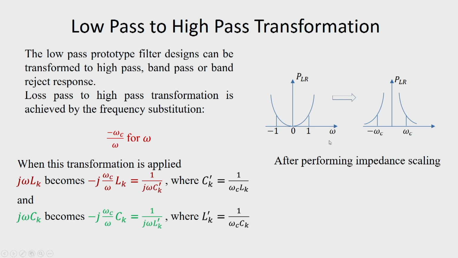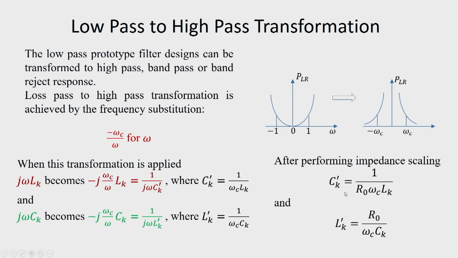The cutoff frequency will be shifted to omega c, and then next we need to do the impedance scaling, because the source impedance is still unity, and then this C k dash becomes 1 by R naught omega c L k, and L k dash becomes R naught by omega c C k.